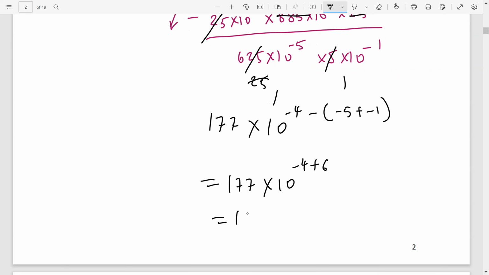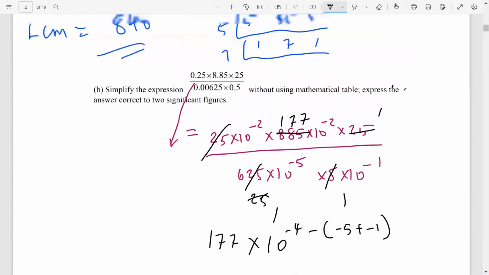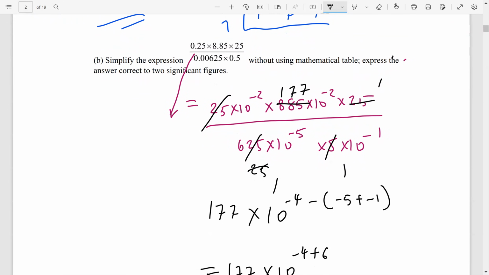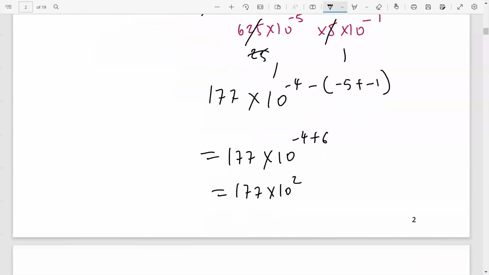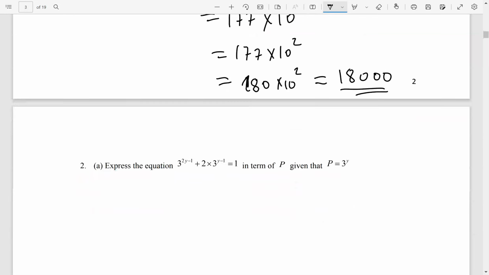Eventually you have 177 times 10 power 2. But we're supposed to express the answer correctly to two significant figures. So this is correct to three significant figures. So this is actually going to be 1, 180 times 10 power 2, it is 18000. Dear students, we go to question number 2.